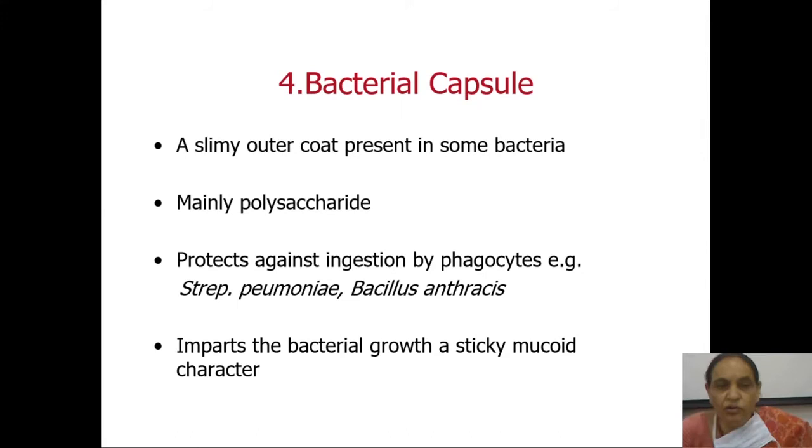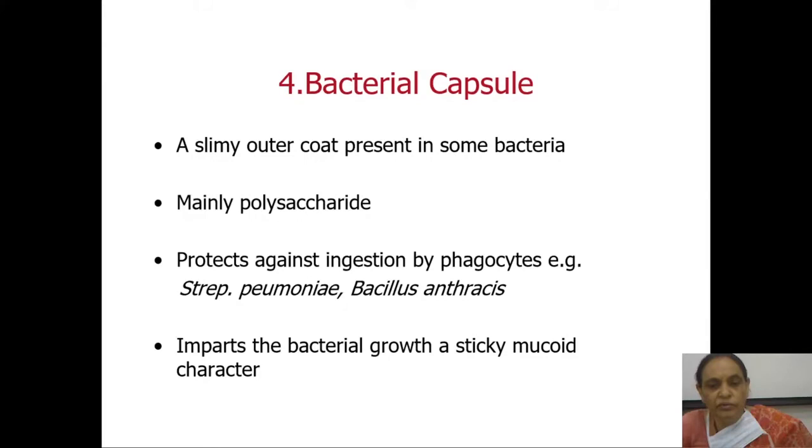I showed you in the picture also. It protects the bacteria against ingestion by the phagocyte, the natural immune response cells of the human body. So it repels these cells, and for identification, it imparts to bacterial growth a sticky mucoid character, which you can sometimes see.